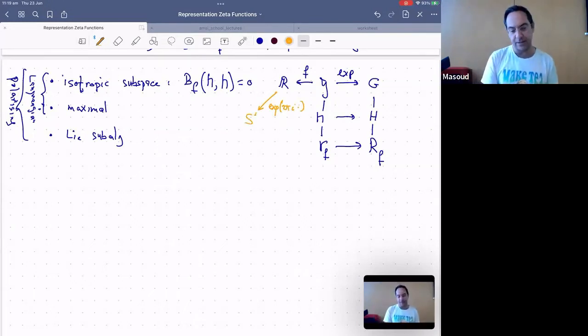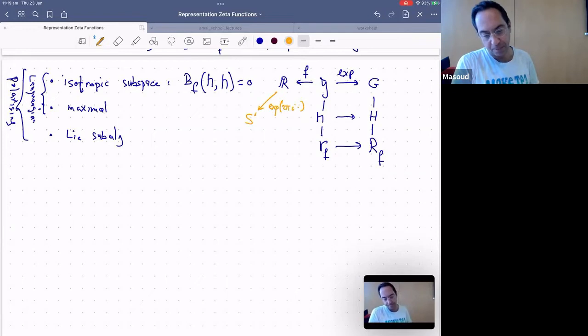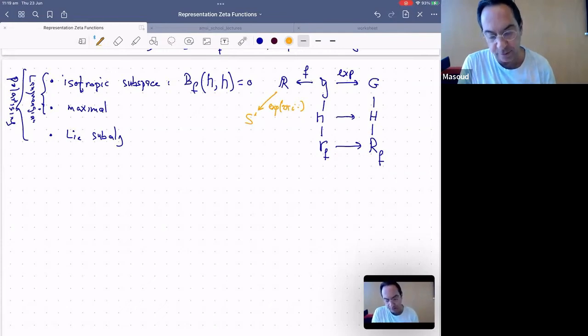Okay, that gives us a complex character of the Lie algebra g, and here we have the log map.